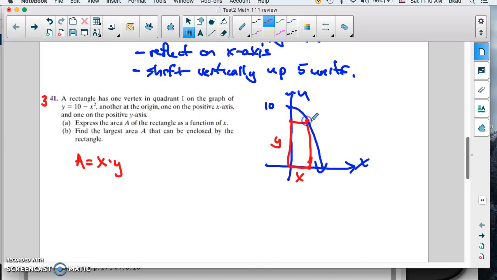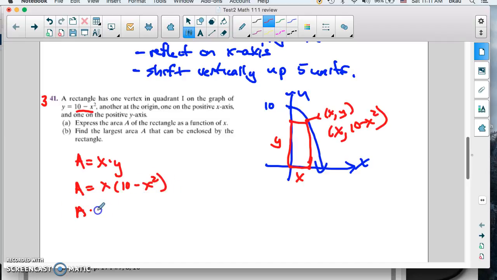This point is x comma y, but we know it's on this blue graph, so we can replace y with this equation here, 10 minus x squared. So our replacement of y with 10 minus x squared would give us a function for the area of 10x minus x to the third.